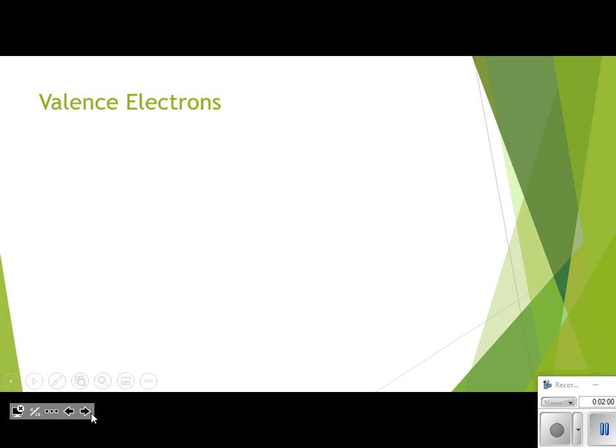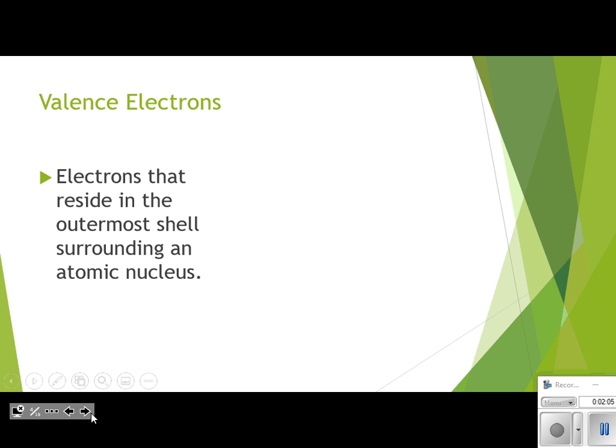Now, valence electrons. What is a valence electron? That is an electron that is on the outermost energy level. We talked about the atomic theory, and about Bohr and Schrodinger, and about how we have orbitals. Well, the outermost orbital, the outermost electron shell, holds the valence electrons.